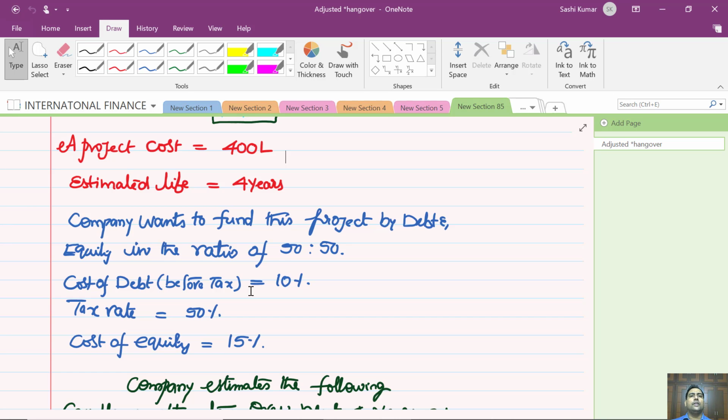Now we need 400 lakhs. So this 400 lakhs will appear on the asset side of the balance sheet as a project or as a long-term investment. On the liability side, you have to differentiate how this project has to be funded. 50% comes from debt and 50% comes from equity.